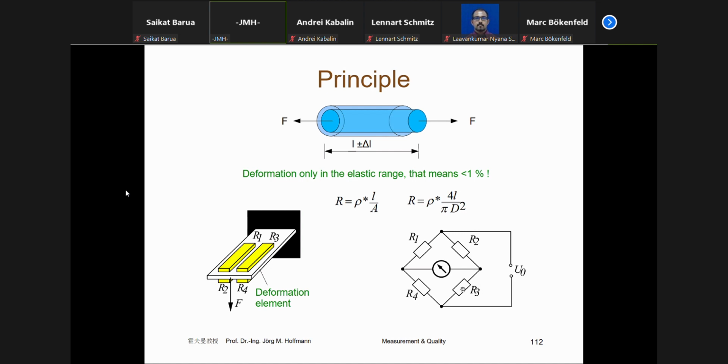But therefore, every strain gauge has to have exactly the same temperature coefficient. And that is the case when you have metal strain gauges. That is not the case when you have semiconductor strain gauges. And therefore, semiconductor strain gauges you cannot use in this easy way. And therefore, many devices today are working with these metal strain gauges.